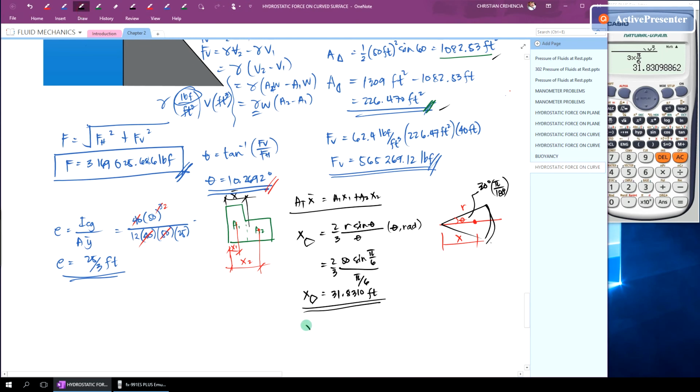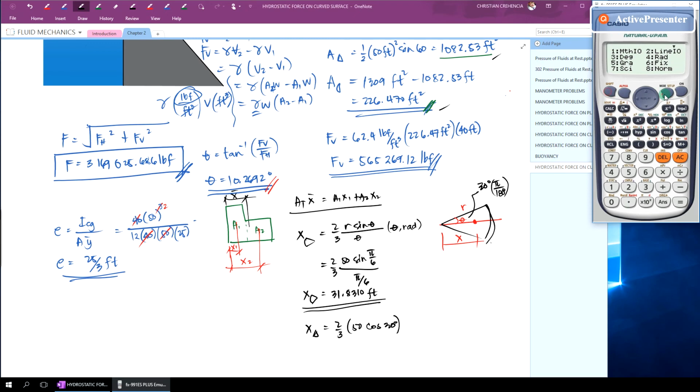Okay. So let's solve. That is 2/3 of 50 cosine 30 degrees. Let's switch this back to degrees. So we have 2/3 of 50 cosine 30.